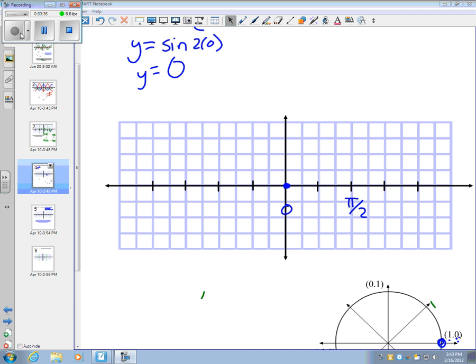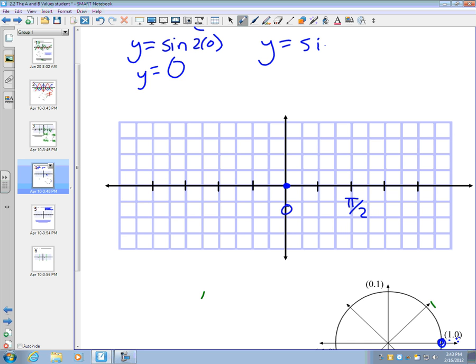So we're doing pi over 2. So y equals sine 2 times pi over 2. That's the same as saying y equals sine of 2 pi divided by 2, which is just pi. So when we enter in the value of pi over 2, we spit out the value of sine pi. Well, the sine of pi is right here.